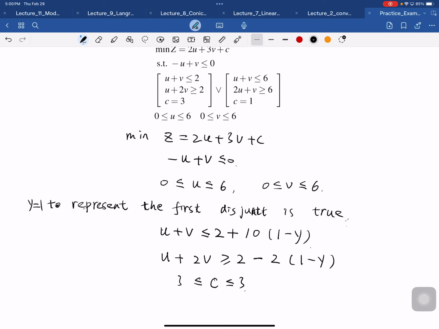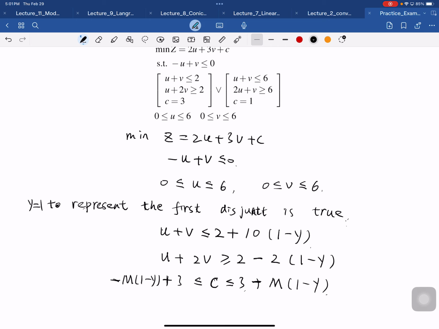But then on the right-hand side, you might need a big M times 1 minus y. Let's do it step by step. And on the left-hand side, maybe you want to subtract another big M times 1 minus y, just to relax these two inequalities.